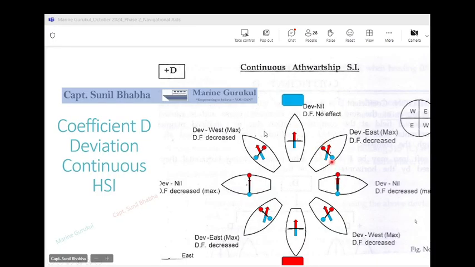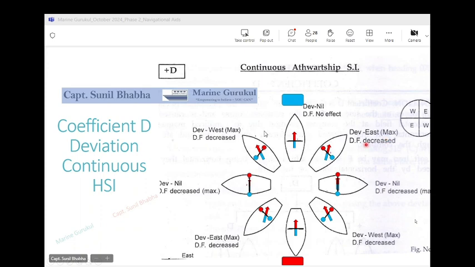Likewise, if you pay attention, the blue pole is southeast of the compass needle, and this blue pole repels the blue end of the compass needle, thus assisting in generating easterly deviation. So easterly deviation is generated in this case with the vessel heading in the northeasterly direction. Now this deviation which is generated here is the maximum easterly deviation.